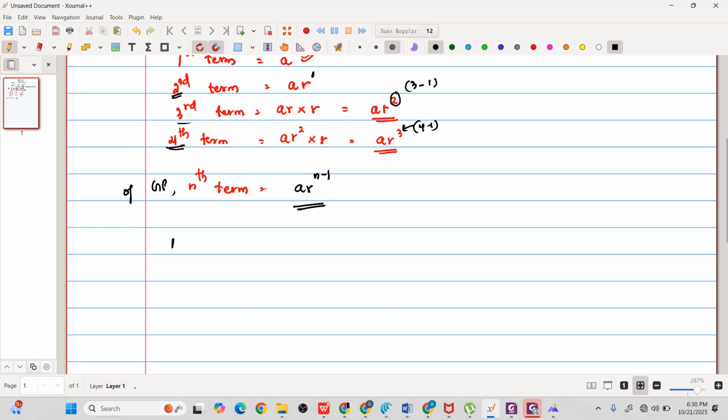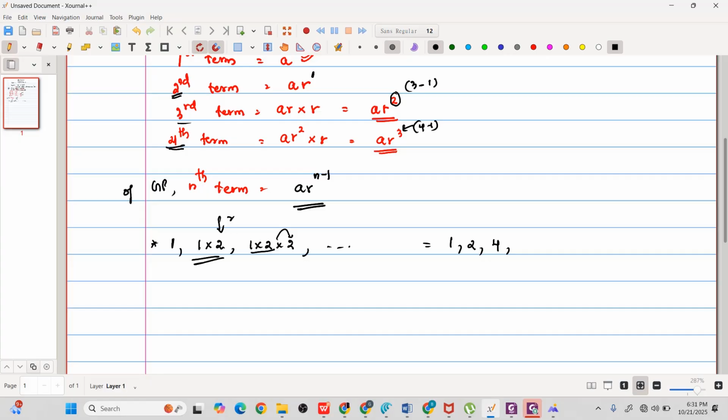Now we are considering some examples. If we are selecting the first term as 1, then 1 is multiplied by the common ratio 2, and that number is multiplied again by the common ratio 2, obtaining the corresponding geometric progression. 1 into 2 makes 2, which is the second term, and again multiplying with 2, 2 times 2 is 4.